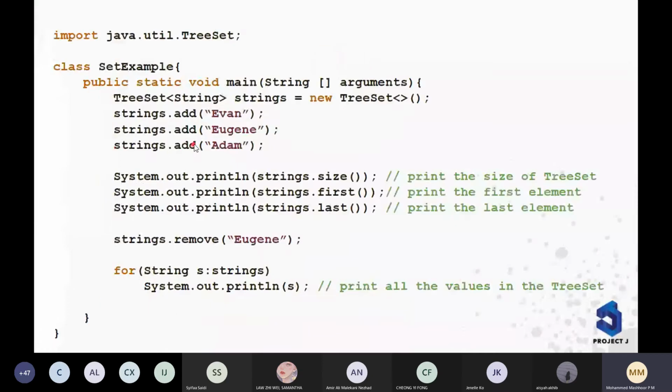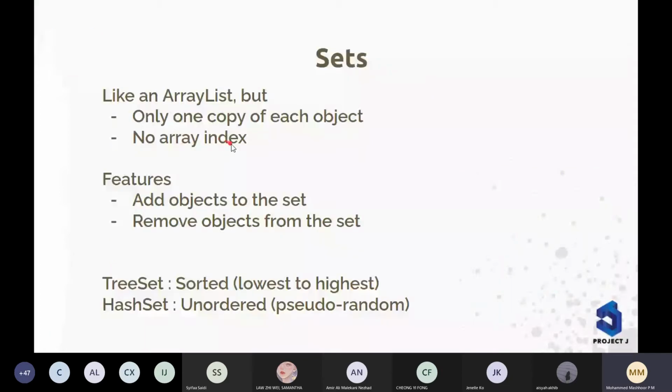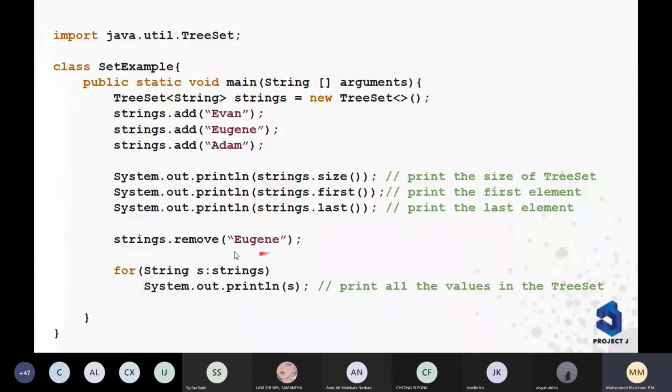Similar to array list, we have another method called remove. But we don't have indexes in sets, right? Sets do not have any kind of index, so we need to give the value which we want to remove. If we are removing Eugene, we need to give Eugene in between the parentheses.